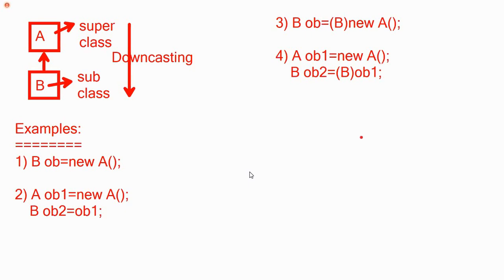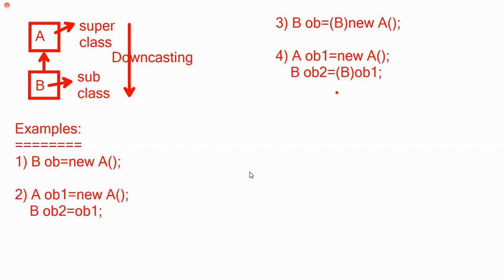Now, you already studied the conversions concept, no? In the brackets like this we write a data type. That is explicit type conversion. We call it typecasting. Okay, now first one error, second one error, third one, fourth one, explicitly I converted.